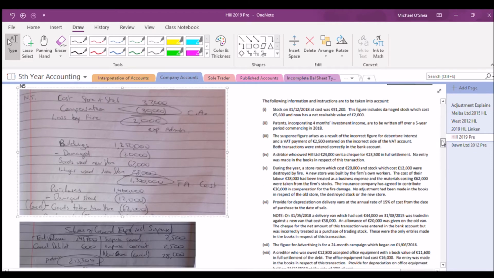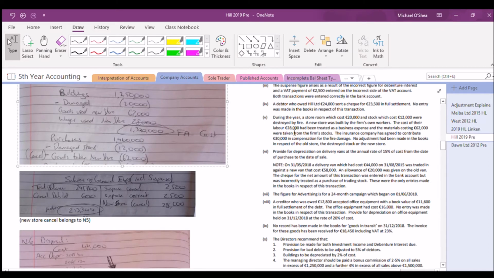So what we're looking at here is the 62,000 and the 28,000 being treated as a business expense. In reality, if you build a new store, whatever money the wages come to, and whatever money the stock, the materials that went into the new building, you put all that together, and that forms a part of the valuation of the building.